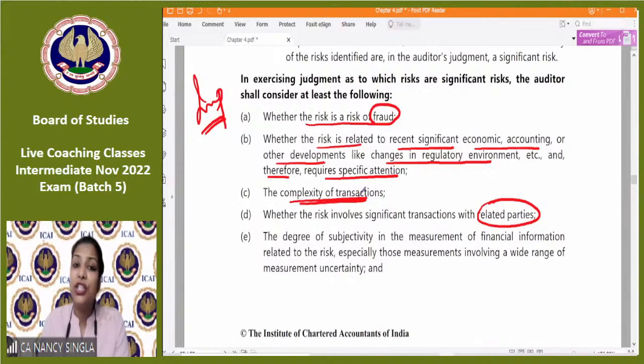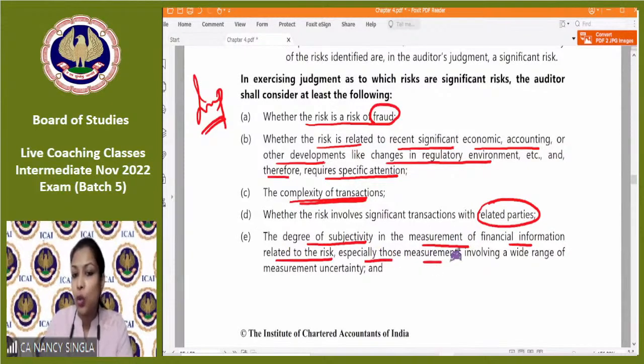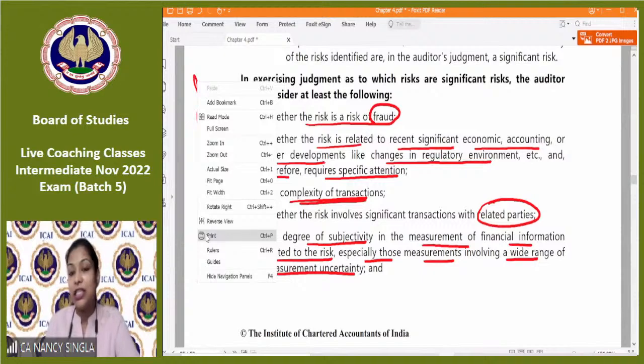Let's say taxation, tax calculations. These calculations might be complex. So significant risk. Where the degree of subjectivity in the measurement of financial information related to the risk, especially those measurements involving a wide range of measurement uncertainty, calculation of estimates, let's say provision for doubtful debts, it can be 10%, 11%, 12%.